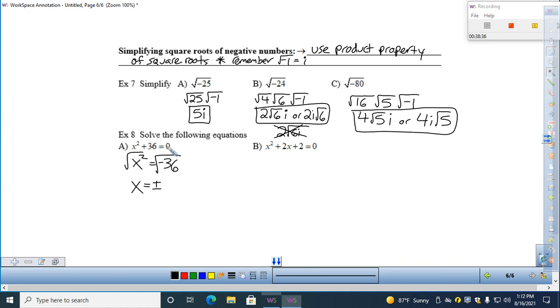Now I have to be able to evaluate square root of negative 36. So I'm not leaving it as a square root of negative 36. But what I do know is the square root of 36 is 6, so the square root of negative 36 has to be the 6i. Awesome. Now, again, it's up to you. You don't have to do this.